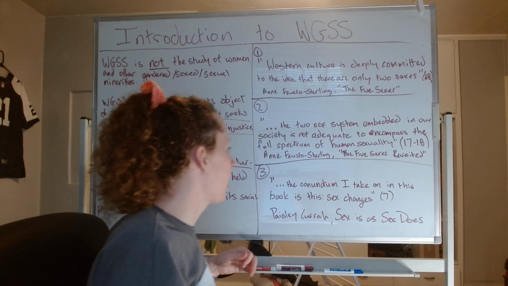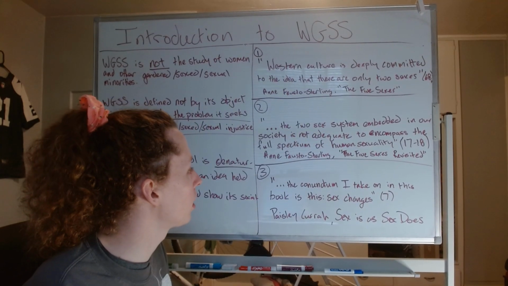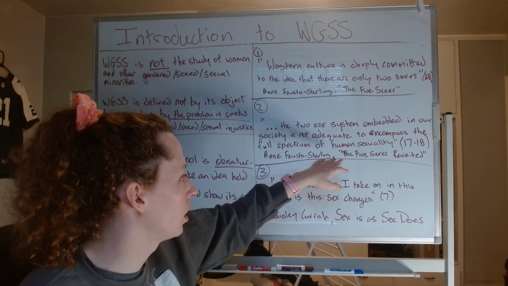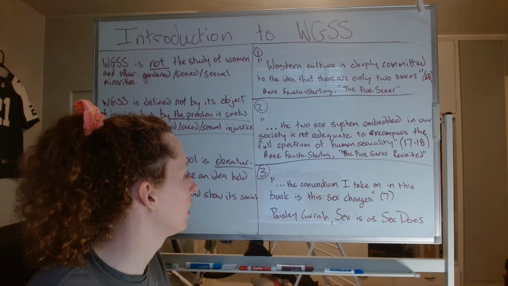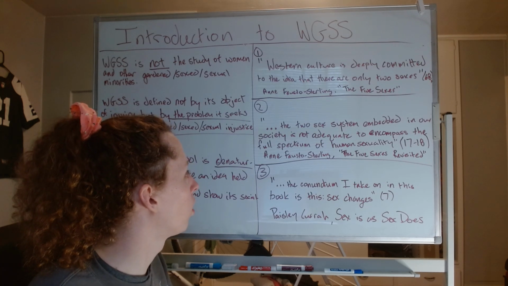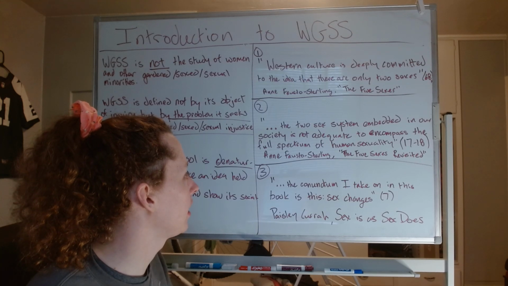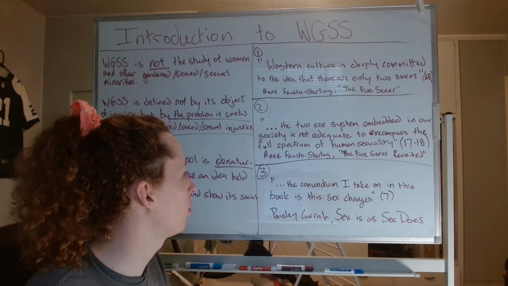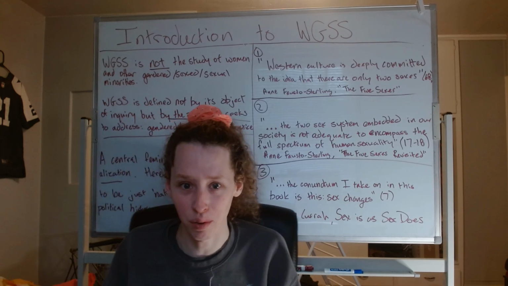And how does it do that? Well, it does it through what I've articulated in the second quote here. This is from your textbook, Fausto Sterling, The 5 Sexes Revisited. Here she says, quote, "The 2-sex system embedded in our society is not adequate to encompass the full spectrum of human sexuality."